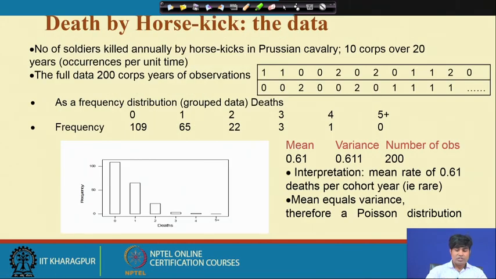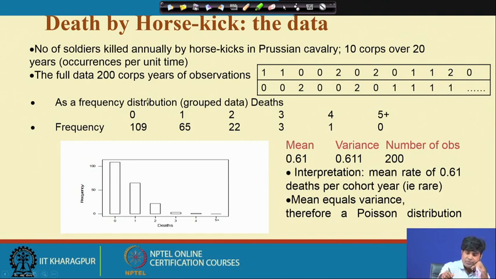Similarly, there is another situation here, the number of soldiers killed annually by earthquakes. Here we have a data structure with respect to frequency distribution, and that too grouped data of death occurrence, and the frequency corresponding to each is available here.